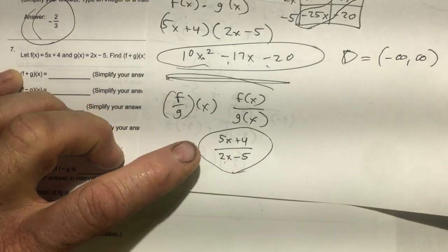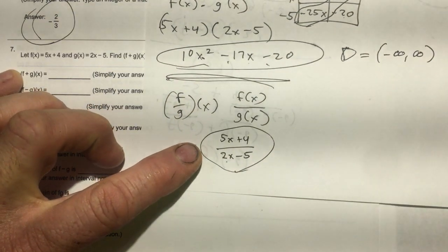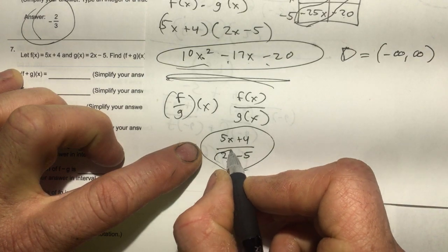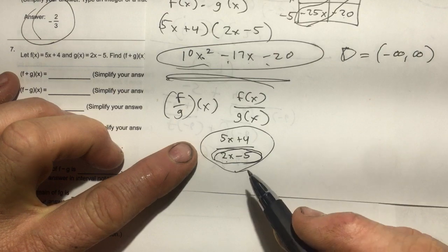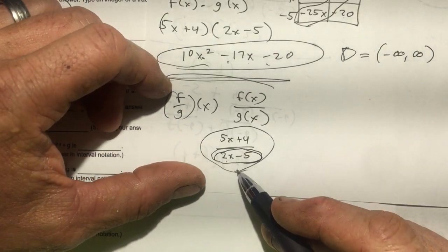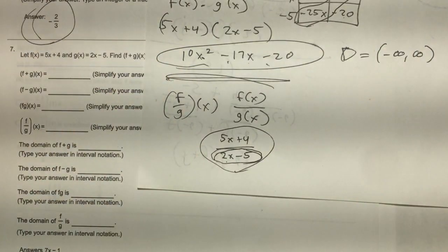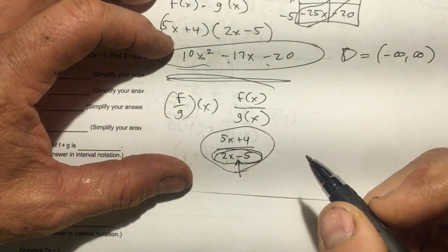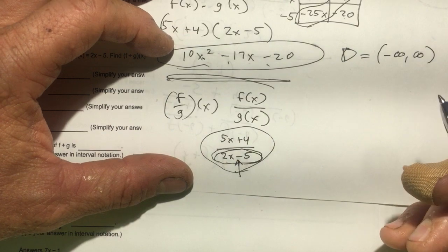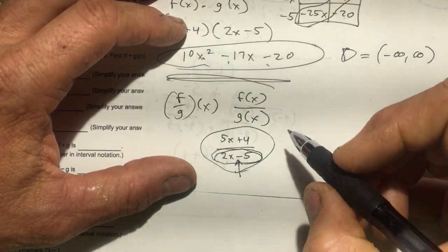All right, this last one we have an issue. We have an issue because down here in the bottom, we cannot let this be 0. If this on the bottom is 0, I'm dividing by 0, and that's undefined, as we talked about before. So the value right here that makes this be 0, I have to exclude it from the domain. Okay?